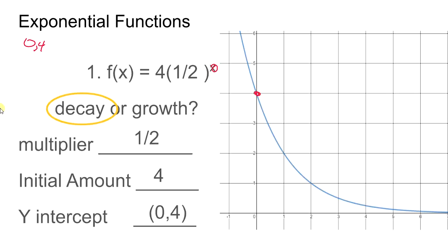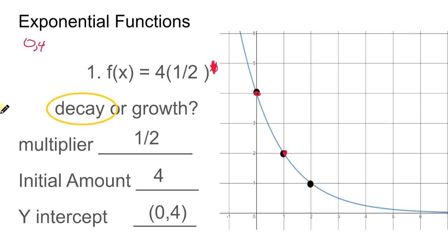And then if I were to put a 1 in there, well, 1/2 to the first power, and keep in mind, following order of operations, I've got to raise to a power before I multiply. So 1/2 to the first power is 1/2, and then 4 times 1/2 is going to be 2. So if I put in a 1, a 2 is going to come out. So like any function, that's where these points are going to come from.